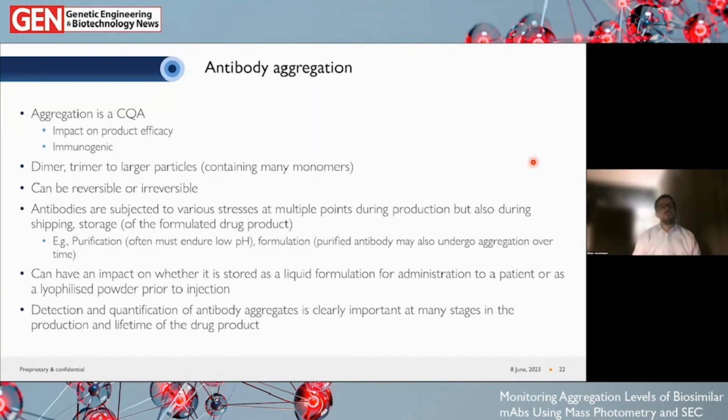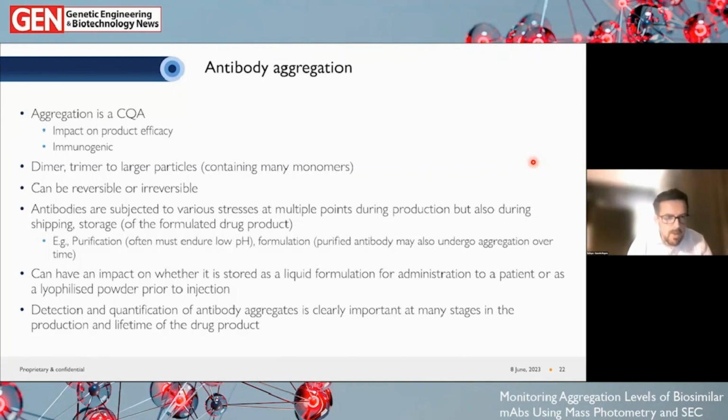Aggregation can be reversible or irreversible, and certainly where antibody-based therapeutics are concerned, they are subjected to various stresses at multiple points during their production, but also during shipping and storage of the formulated drug product. I've put an example here.